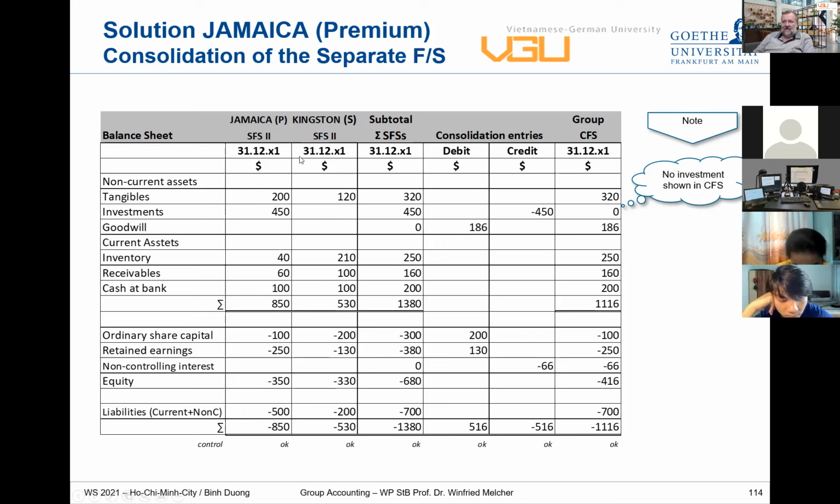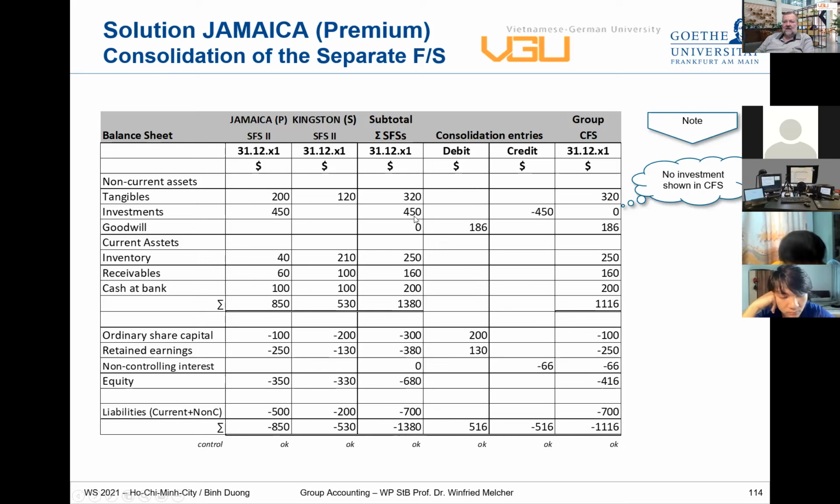We will add the one parent and all the subsidiaries, which is in this case only 1, to a subtotal. So we have that subtotal. Please check that the total of assets is the same as the total of all liabilities and equity. In this case, this is okay.